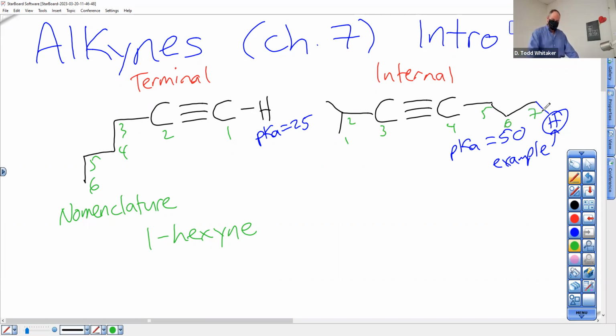So this one, give me its full name. 2-methyl, 3, 7 carbons, heptyne. Okay. Hept-3-yne.